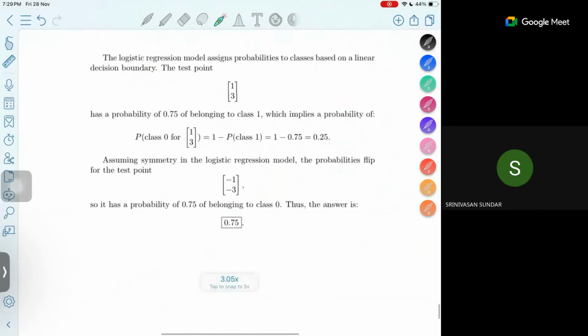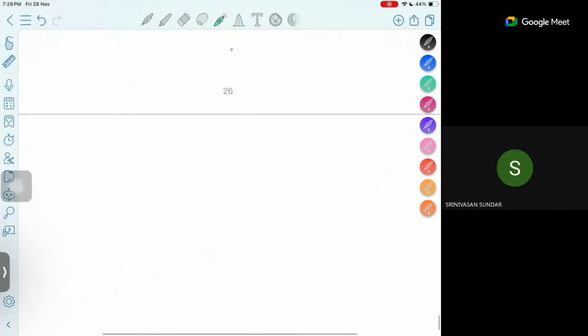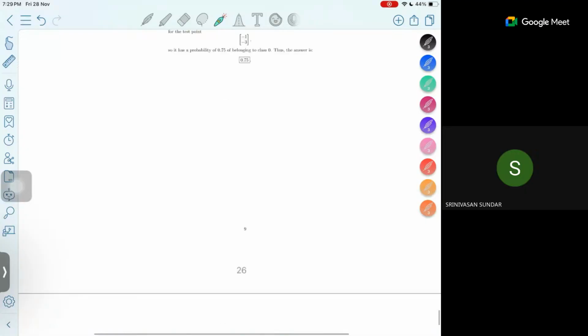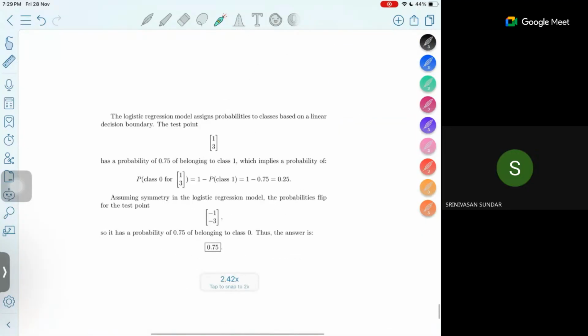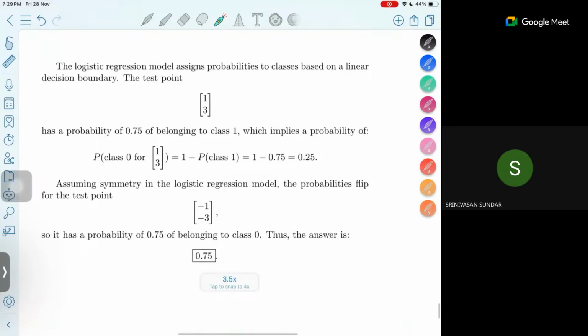All right, do we have any more questions? Yeah, I think we have come to the last question here. The logistic regression model assigns probabilities to classes based on a linear decision boundary. So the test point 1, 3 has a probability of 0.75 of belonging to class 1, which implies a probability of class 0 for 1, 3 is 0.25, because it has to add up to 1.